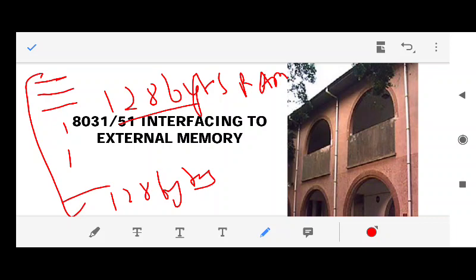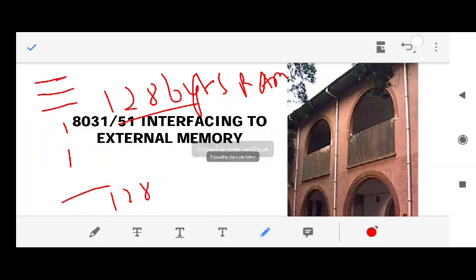So when you are playing video games on 8051, or interfacing some real world example on 8051, you may need a RAM with more than 128 bytes. In that case, what will you do? You will connect an external RAM or external memory to 8051.